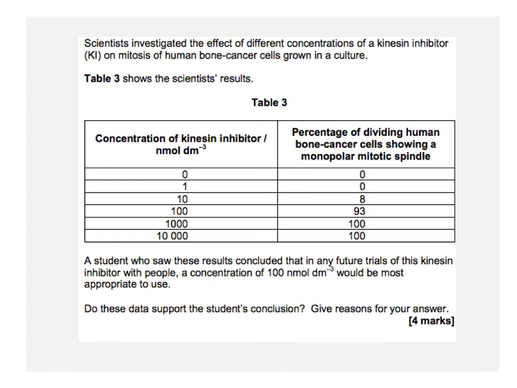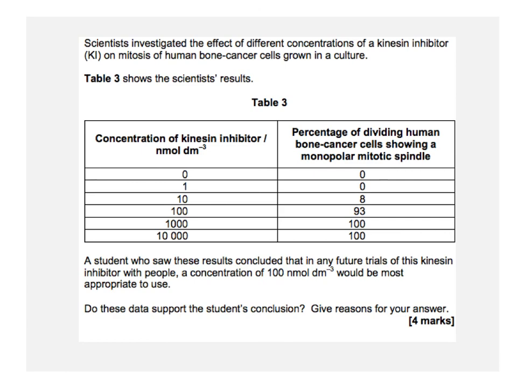A student who saw these results concluded that in any future trials of this kinesin inhibitor with people, a concentration of 100 nanomoles per dm cubed would be the most appropriate to use. Do these data support the student's conclusion? Give reasons for your answer.